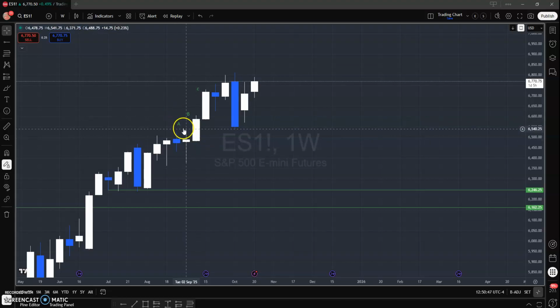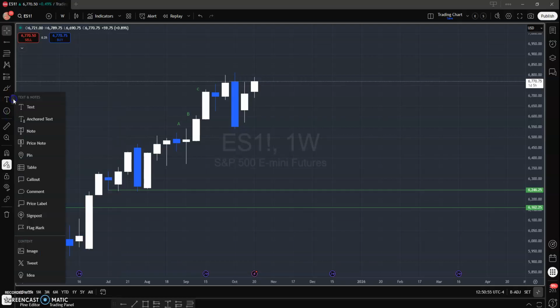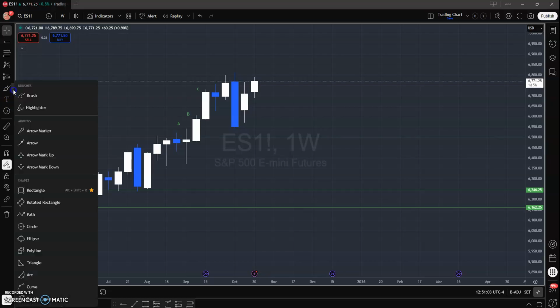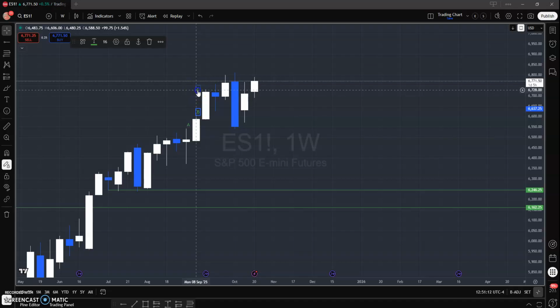Alright, so you got candle A, which is this candlestick here. There we go.